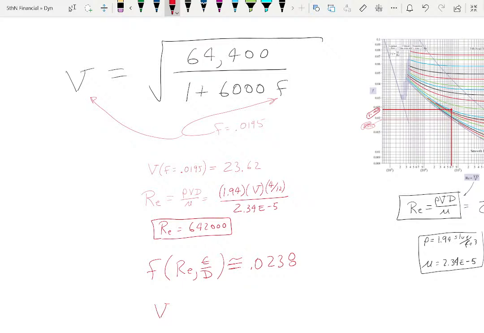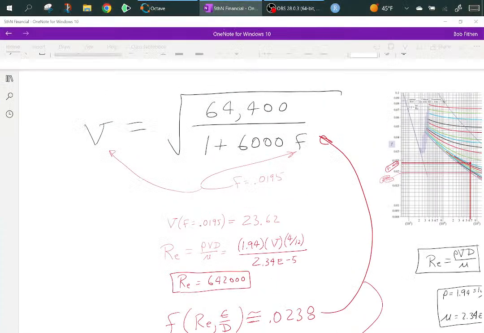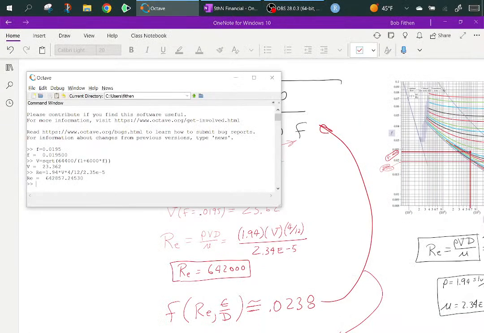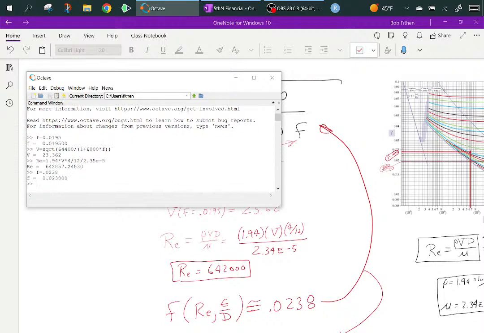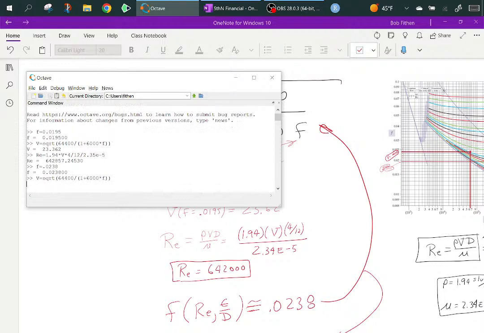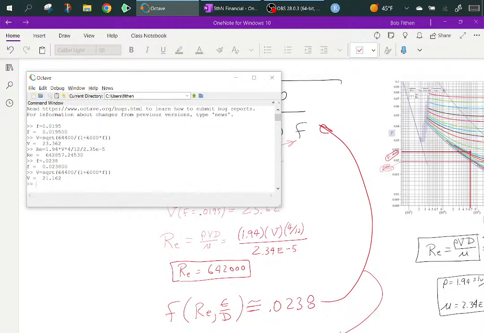So now I take this and stick it back in here. With f equal to 0.0238, this is where MATLAB comes into good play, because I can say f is equal to 0.0238 and hit the arrow up a couple times to get my new velocity, 21.162.